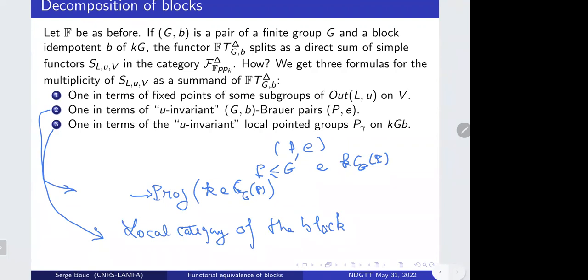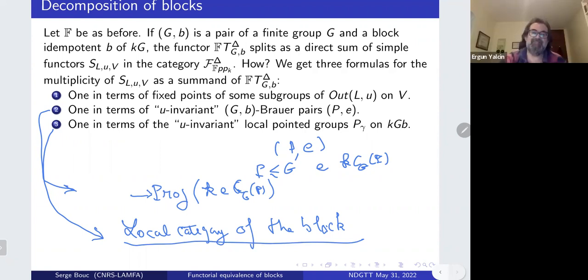So if we know this local category, if we have enough information on that, then we can say if two blocks are equivalent. But there is definitely more information in this local category of Puig than in the fusion system of the block.